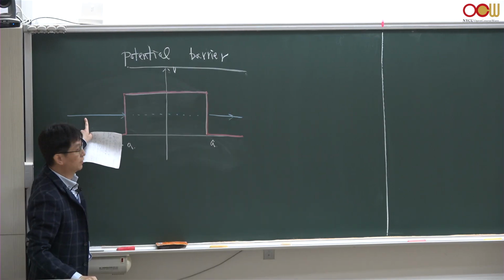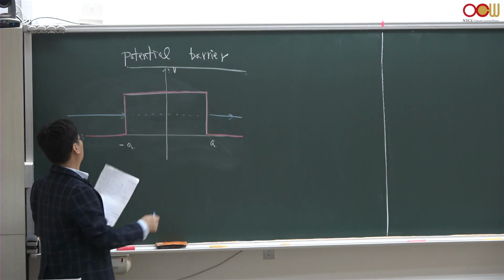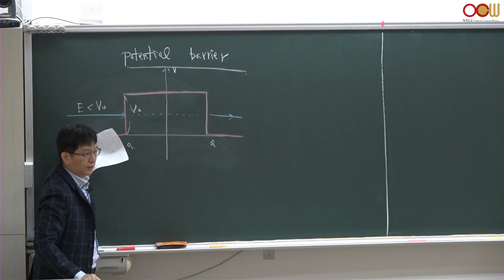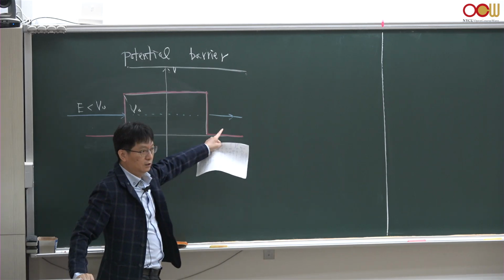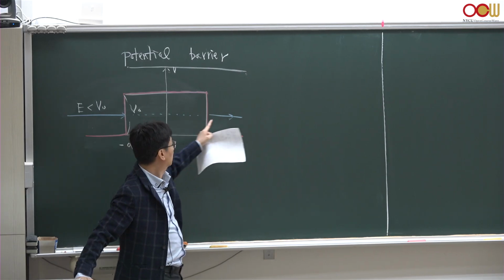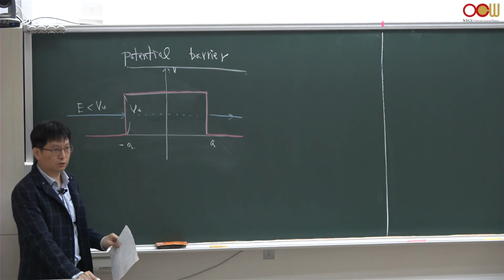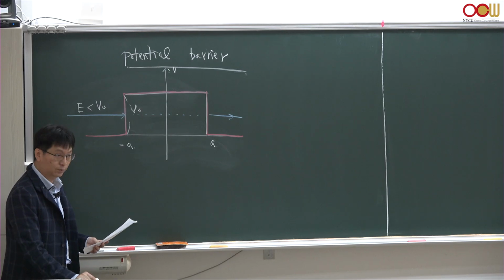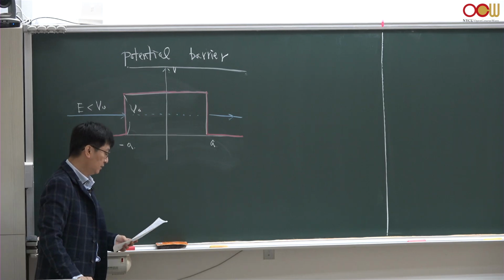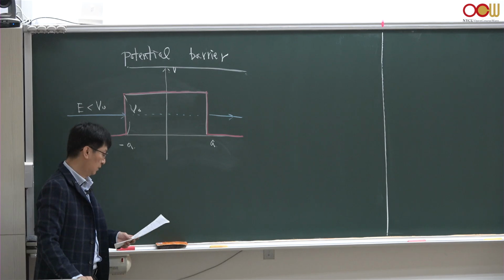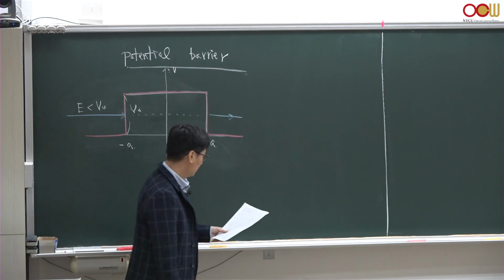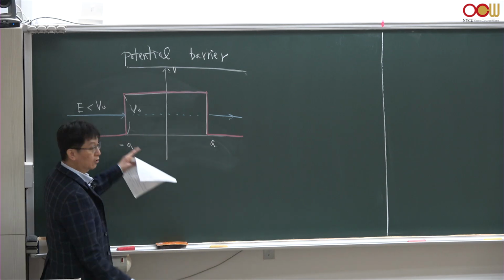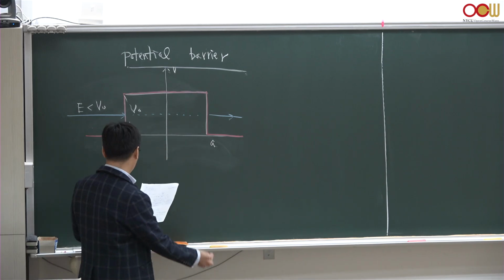Even if the initial energy is below your potential strength, V0, you can still see an electron or particle tunnel through this barrier, and this is called the quantum tunneling effect. The quantum tunneling effect is a very important quantum effect, and it leads to many technologies, such as the STM and many other quantum mechanical instruments, and we will talk about this quantum tunneling phenomenon.